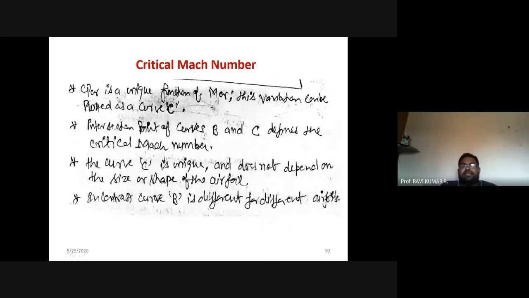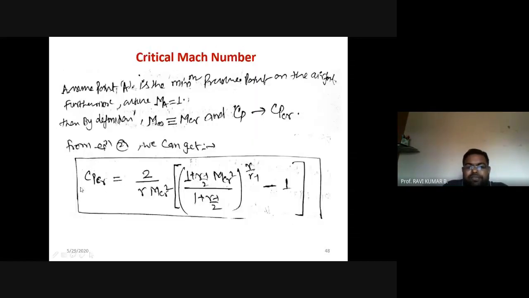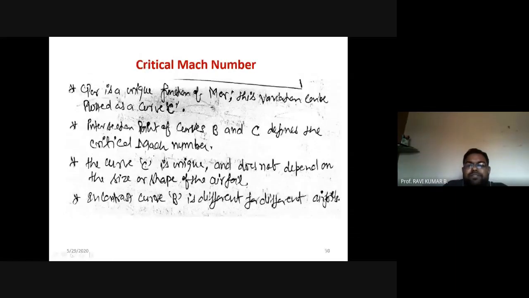So Cp critical is a unique function of the critical Mach number. How are we saying this? From this equation, Cp critical is a unique function of the critical Mach number. That's the first point, so this variation can be plotted. The intersection point of the Prandtl-Glauert line and this Cp critical curve will give the critical Mach number.